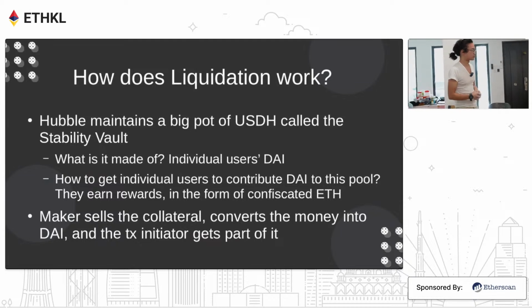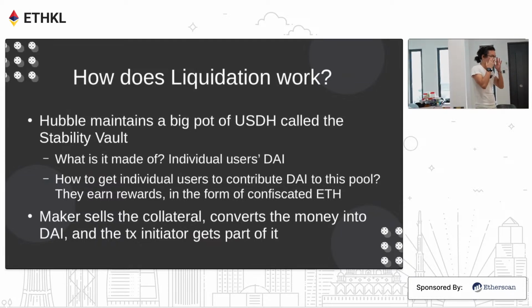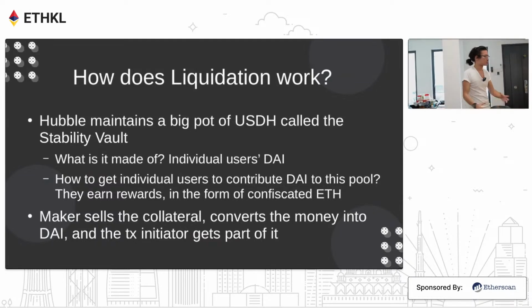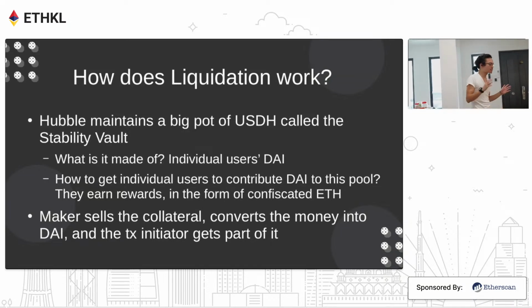So Hubble protocol is basically a port of Maker to Solana, but they have a slightly different way of doing this. I did not notice before today, but Maker apparently relies on people scanning with bots and looking for DAI loans to liquidate.